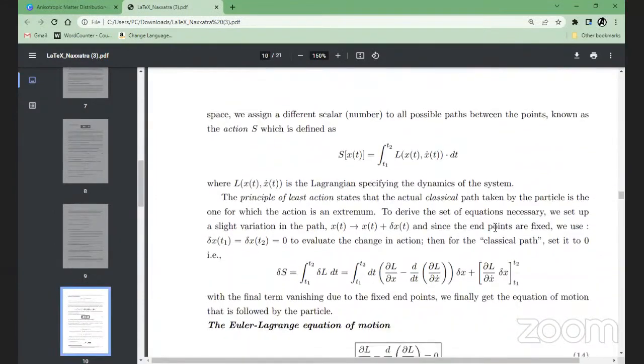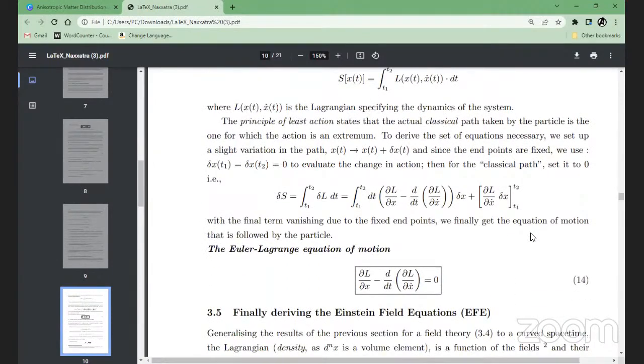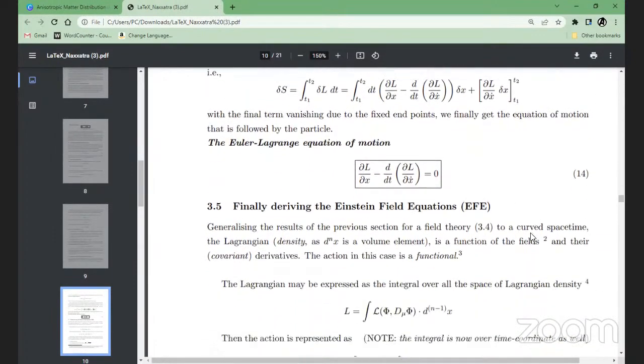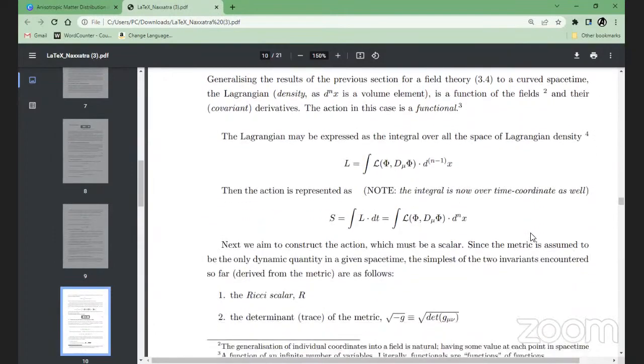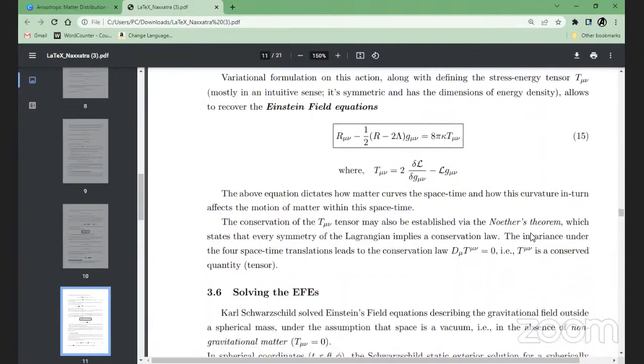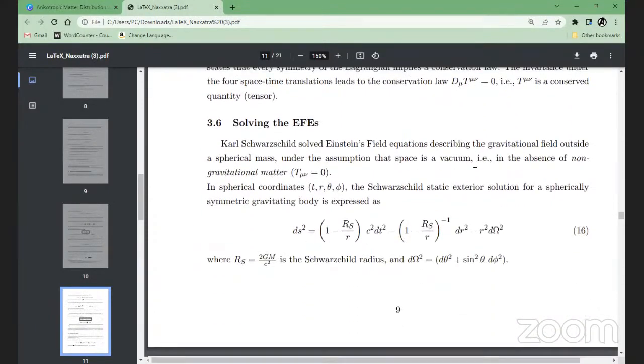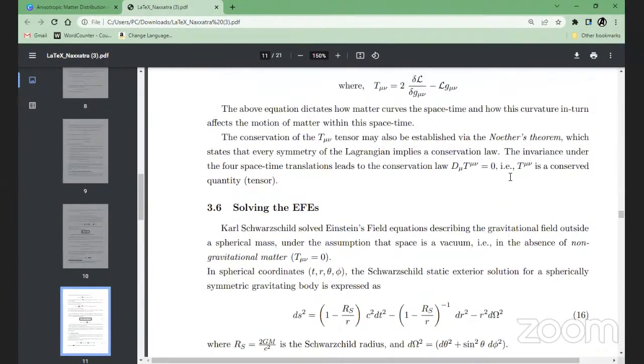How the Einstein-Hilbert action that suddenly jumped up in the presentation is actually mentioned over here. Why is it needed? And how do we actually end up at Einstein's field equation? It's not a single equation actually.